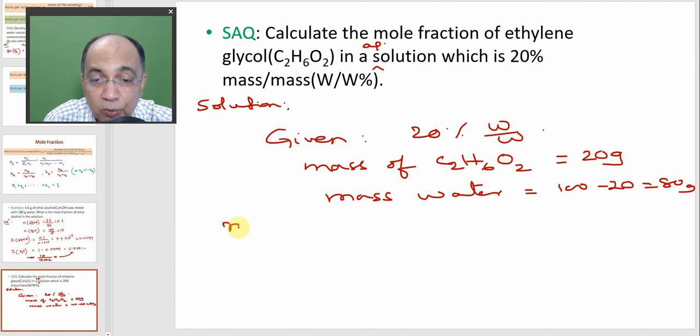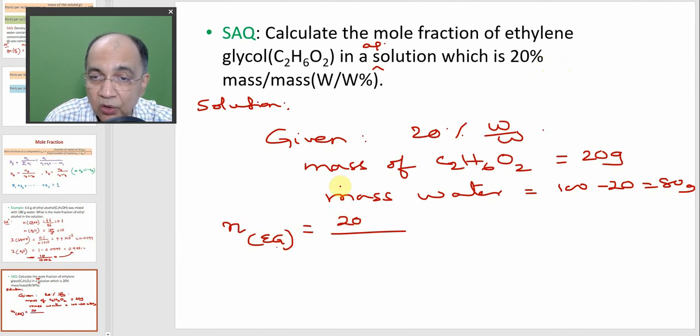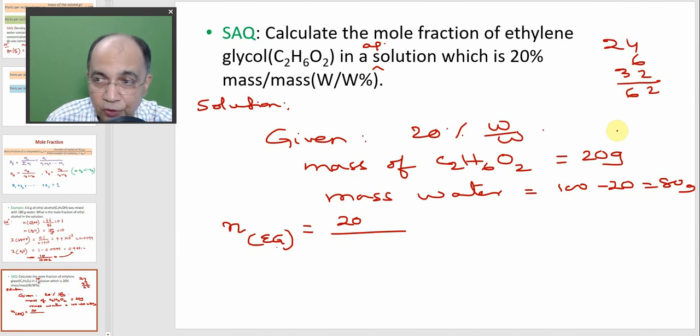So number of moles of ethylene glycol is equal to 20 by, what is the molecular mass? 12 twos are 24, 6, 16 twos are 32. 24 plus 6 plus 32 is 62. So 20 by 62. So these many number of moles.